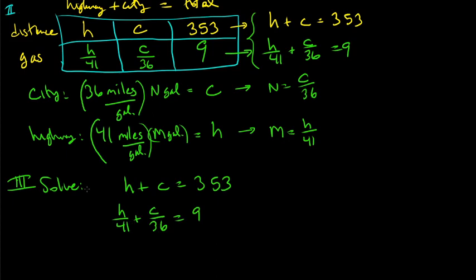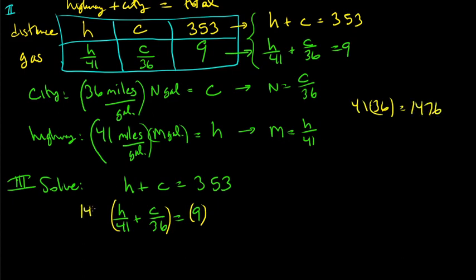Again, nobody likes fractions, but we can clear the denominators if we multiply both sides by the least common denominator. I'm going to guess that that's 41 times 36. So 41 times 36, I get 1476.